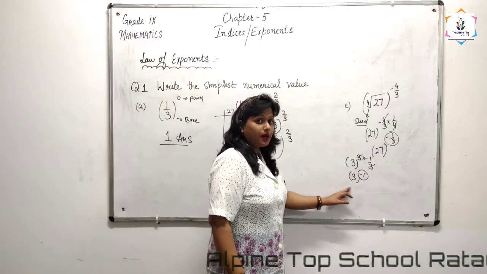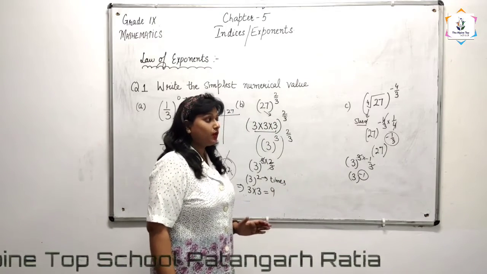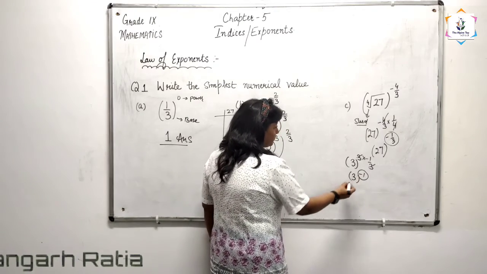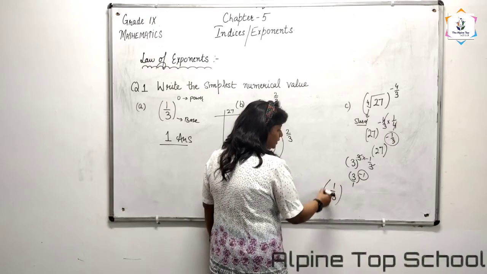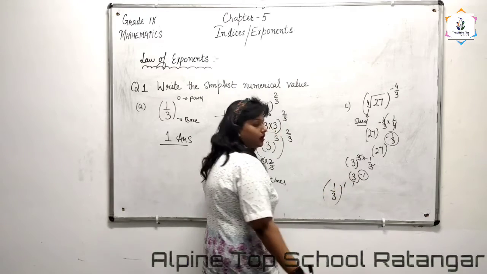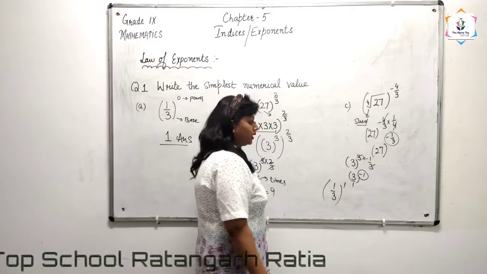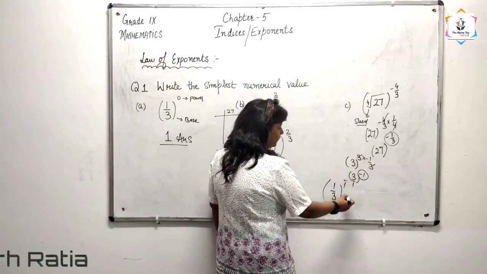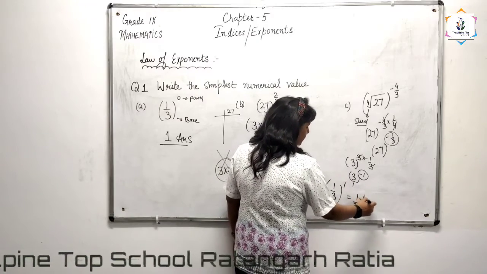If the power is negative, then what will we do? The base will be reciprocal and the power will be positive. So 3 by 1 will be changed into 1 by 3 and the power will become positive, so minus 1 will be changed into plus 1. And how many times do you have to multiply? Only 1 time. So the answer is 1 by 3.